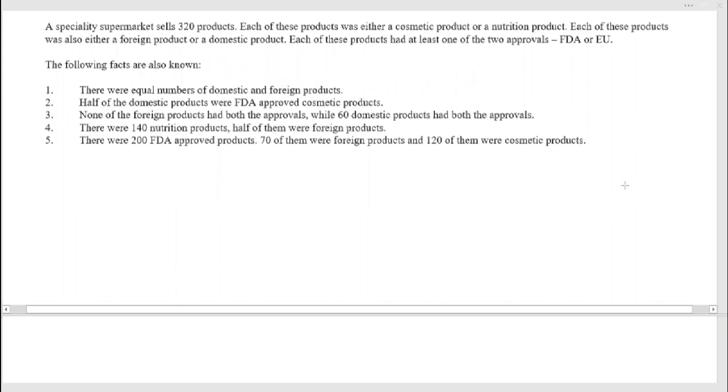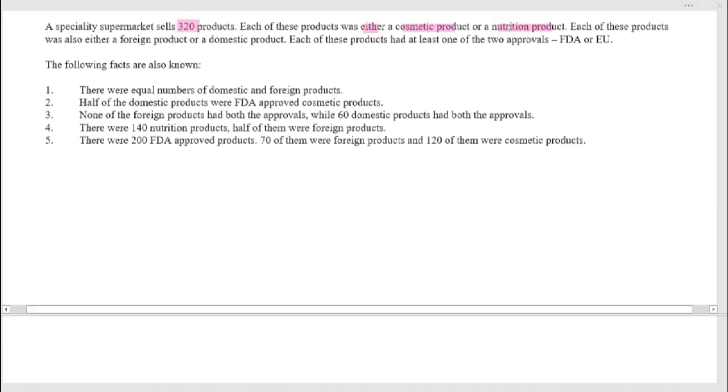After reading this Venn diagram oriented problem, we can see that the number of variables given is 6. We have learned that a 6 set Venn, if it is given in alternate format, like the first one, I can say that out of those 320 products, each was either a cosmetic product or a nutrition product. Whenever either-or is given, the entire 320 is divided into these two parts.